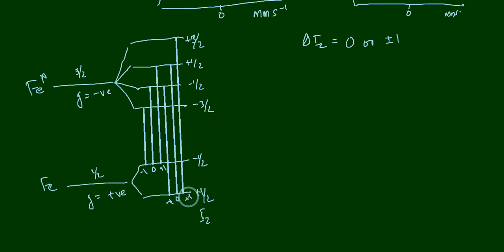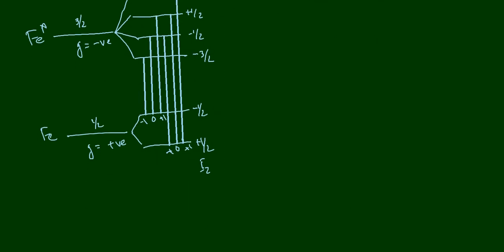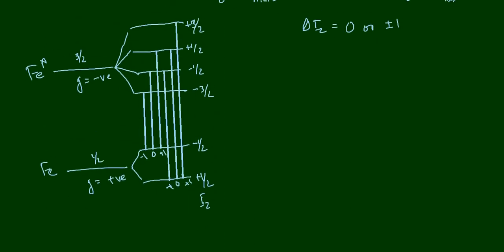Now, what we are going to do is make these transitions into pairs. The first pair is 3 by 2, 1 by 2. I am writing the excited state first.